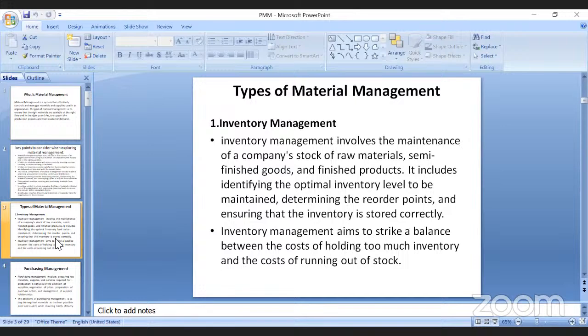That is the company's stock. It includes identifying the optimal inventory level to be maintained. The motto of inventory management is to balance the cost of holding inventory against the cost of running out of stock. That is the first type of material management, called inventory management. Clear?